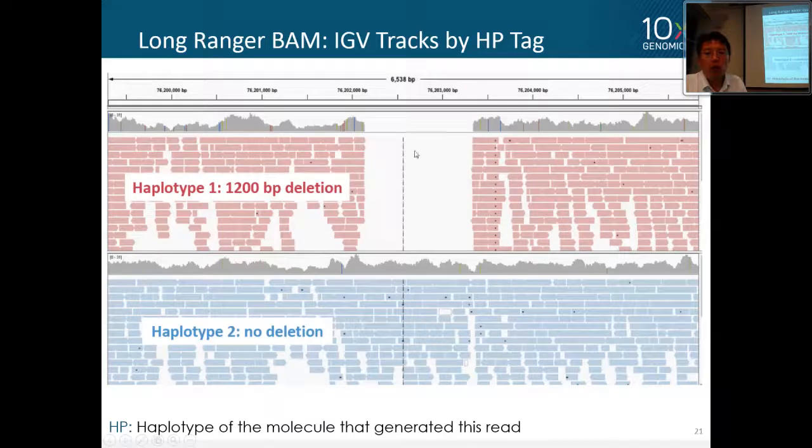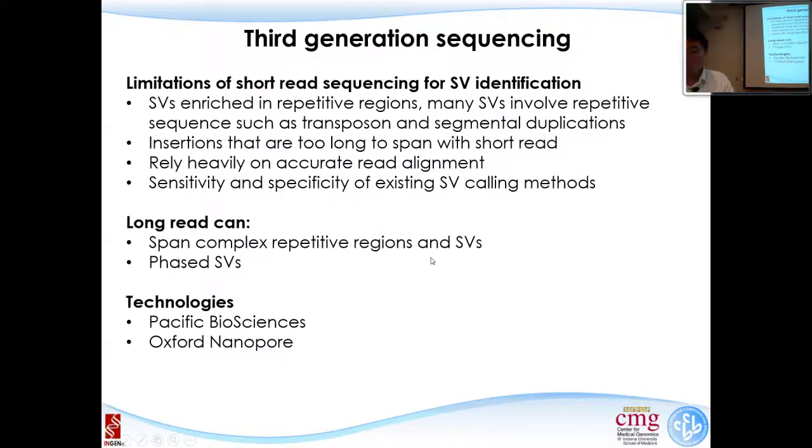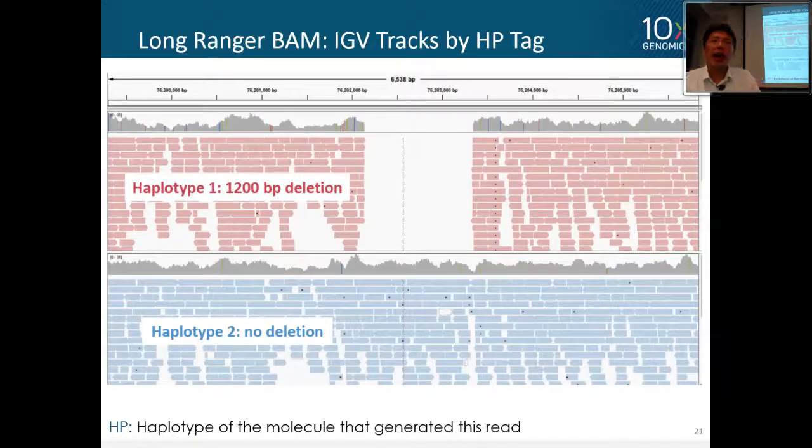Then in IGV, you can use this allele tag to break the reads into two different tracks. As you can see, in one allele there is clearly a deletion, and in the other allele there's no deletion. So this is information that we can use to help identify structural variations. Actually, it gives much higher sensitivity for structural variation identification.